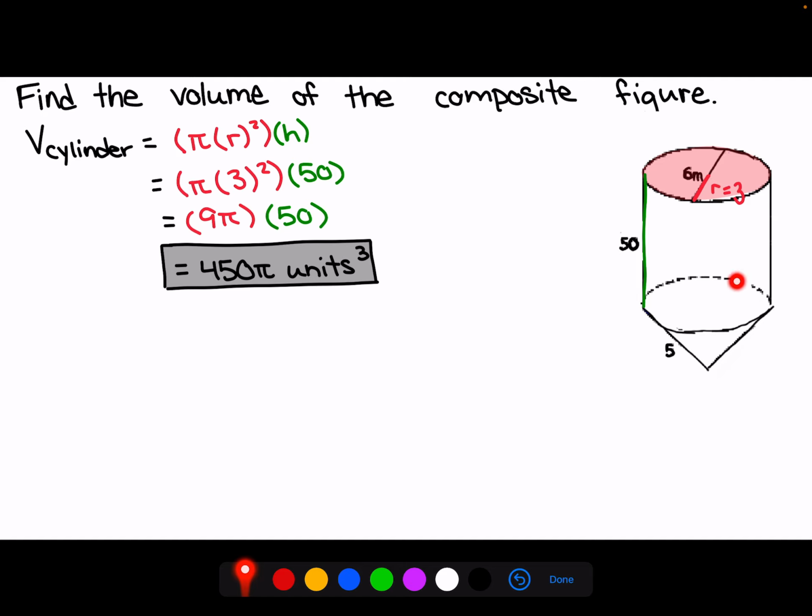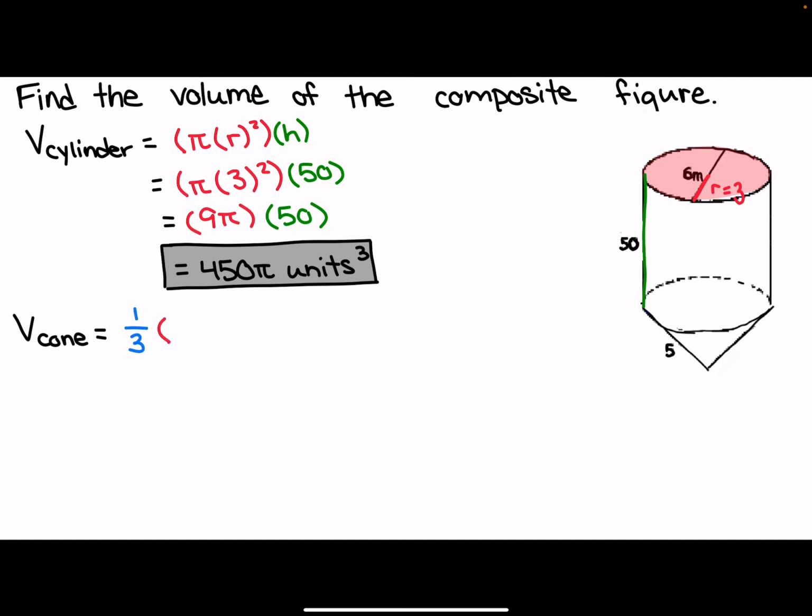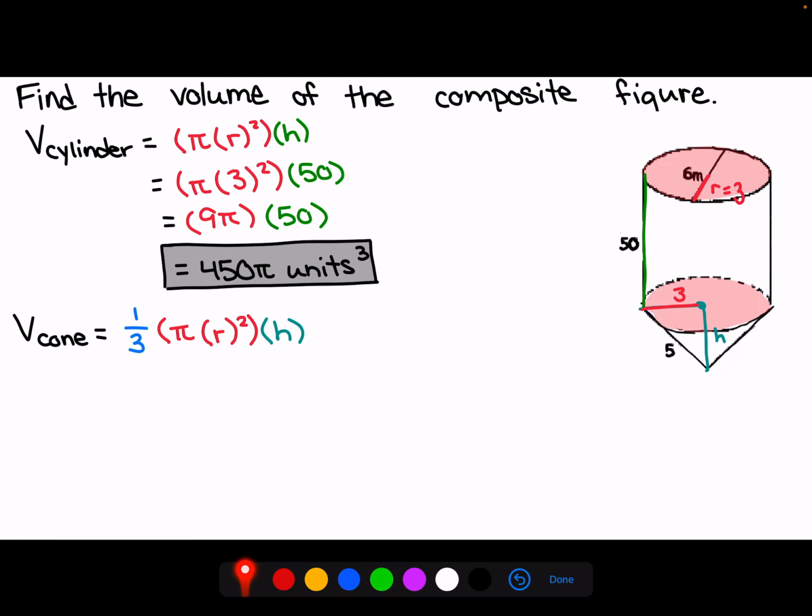Next, we need to move on to our cone. And for our cone, we know that we're going to use volume is equal to 1/3 pi r squared times h. Now, in this case, our radius hasn't changed. Our radius is still 3 because both the top base and the bottom base are the same circle. But our height has changed. The height is no longer 50 because that belongs just to the cylinder. So to find our new height, I can go ahead and draw it in.